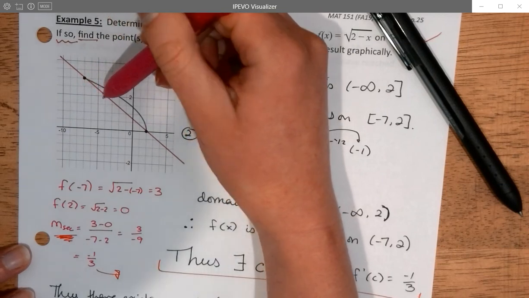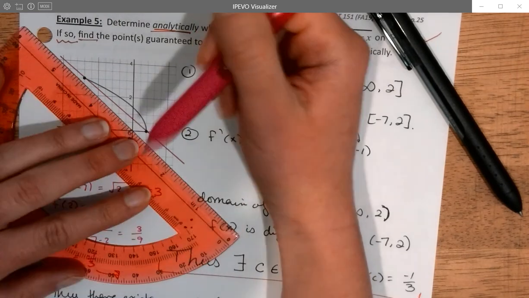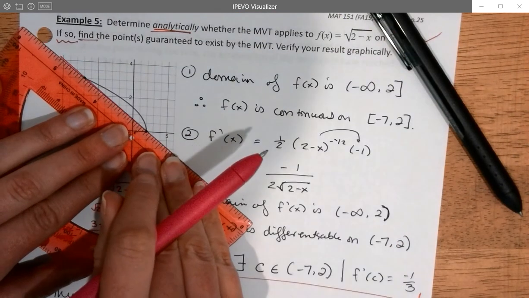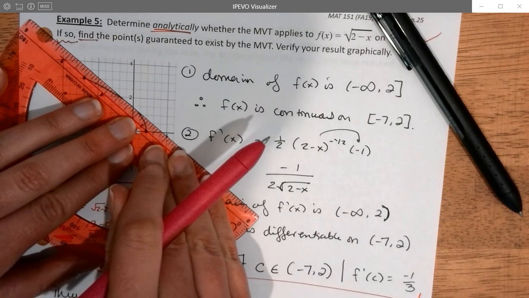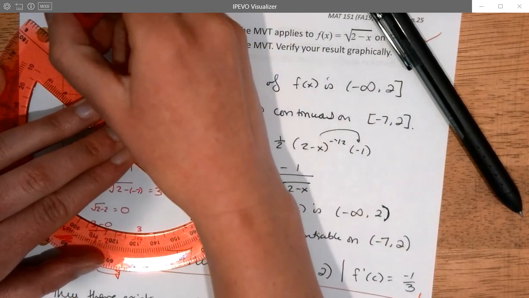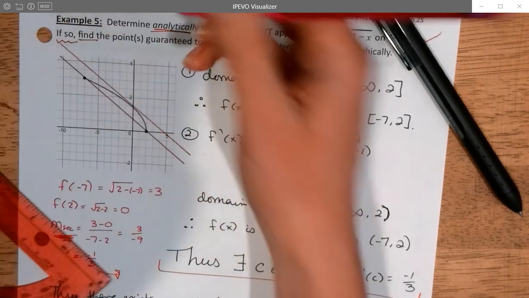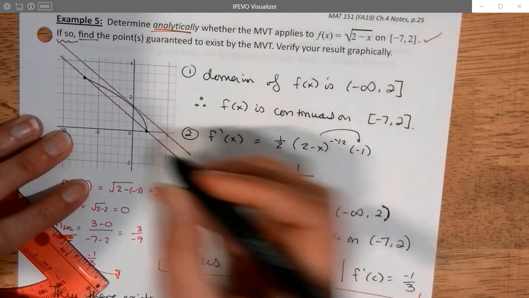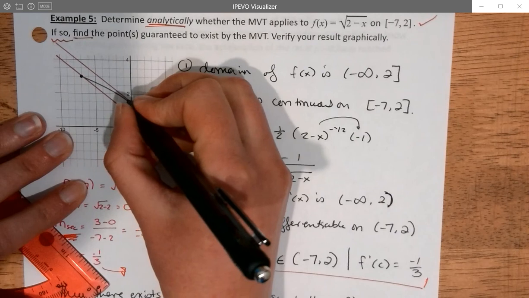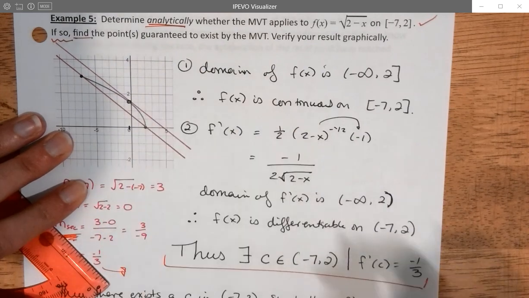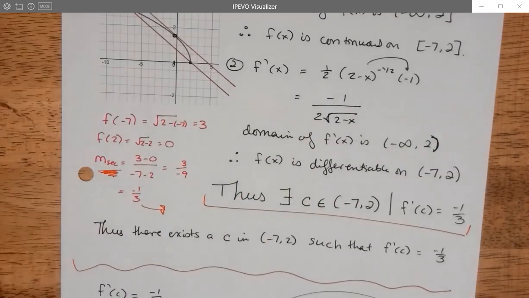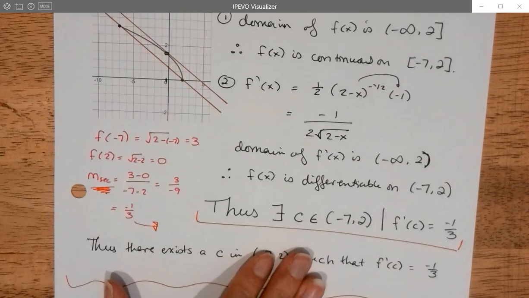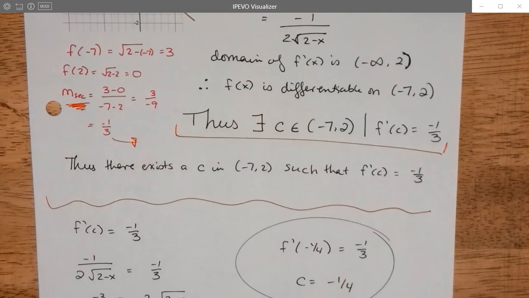Yeah, that looks like negative 1/3. And then trying to very carefully draw a parallel line that is tangent. Hopefully it looks reasonable that it's going to have an x-coordinate at negative 1/4. Now I can do a little better job of that on Desmos, checking that real quick. But I think I'm out of time for this video, so I'll check that in a second.